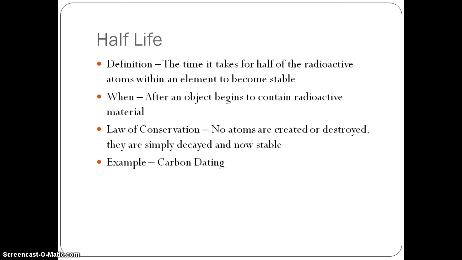A good example of this would be carbon dating, because carbon dating is used when carbon begins to contain radioactive material, and you can use the half-life to determine the date of how long ago this item existed. And finally, it follows the law of conservation because no atoms are created or destroyed. They are simply decayed and now they are stable.